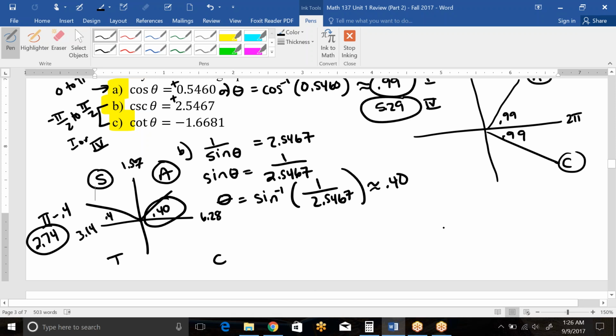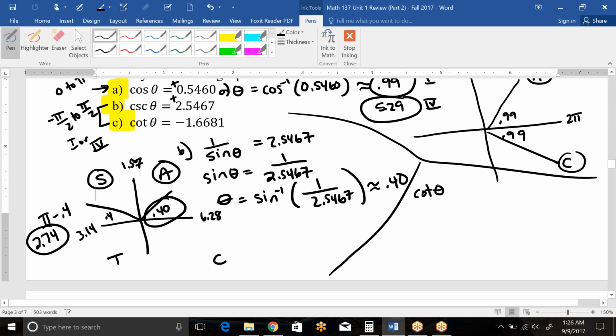Okay, and then C, which I'm running out of room, is cotangent of theta, which we know as tangent. If we're going to use our calculator, we flip it essentially to make it tangent. And we're going to then take the inverse of that.